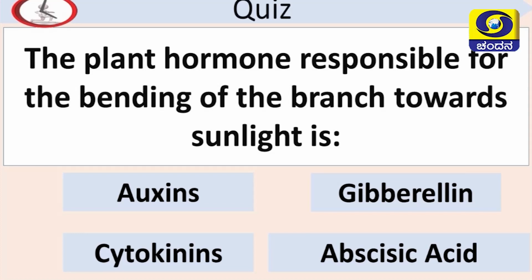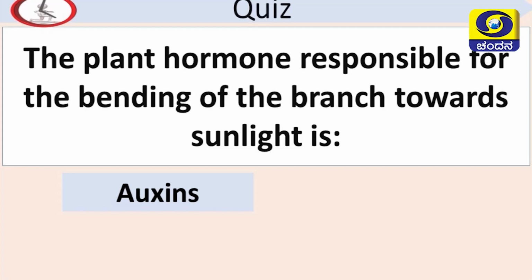So, the options are auxins, gibberellins, cytokinins, abscisic acid. So, the answer is actually the hormone named auxin will move away from the sun and it gets the cell elongated in the region. So, what happens? Automatically the branches will bend towards the sun.